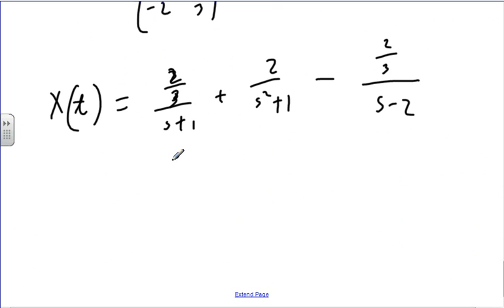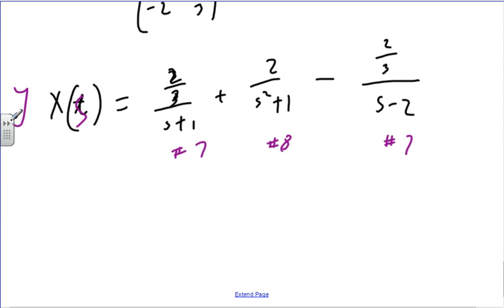Okay, I recognize this guy as number 7. I recognize this guy as number 8. And I recognize this guy as number 7. All right, so I have, this is x of s still.